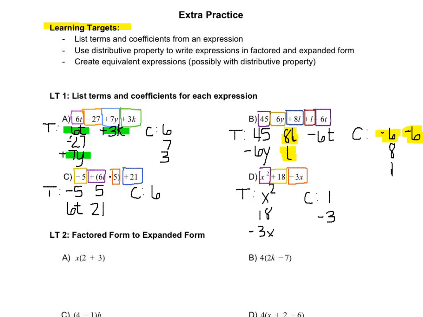And the second thing is, don't forget about the coefficient of 1, which connects to the singular variable L. So go through, pause it if you need to double check your answers, and then when you're ready to move on, I'll have the explanation for Learning Target 2, Part A.